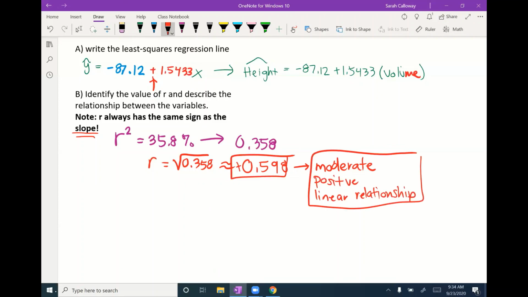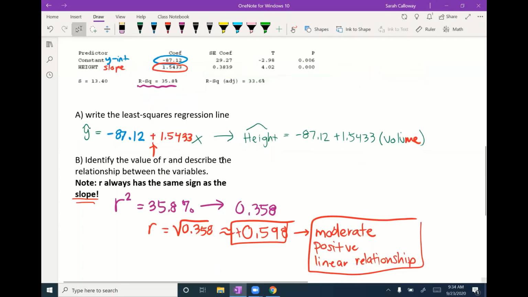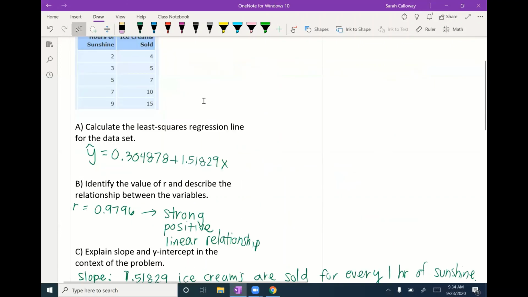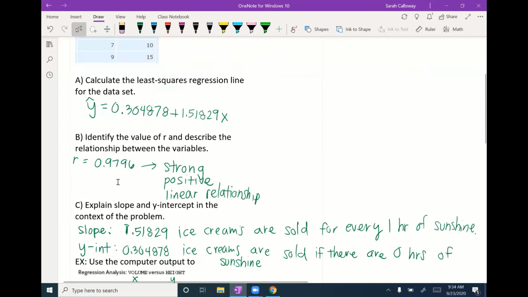Okay, so that's all that they went through with this section, was going over how to use Desmos to enter your data, get a least squares regression line, and use that R value to identify whether this linear relationship is strong, weak, moderate, positive, or negative.